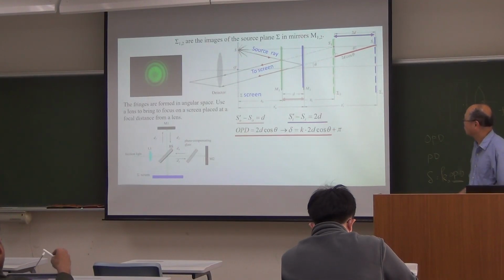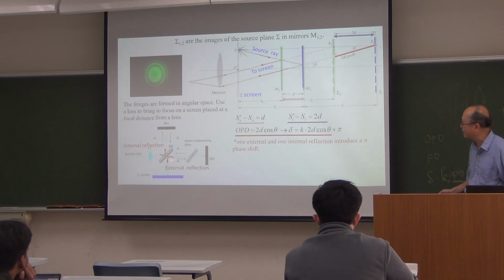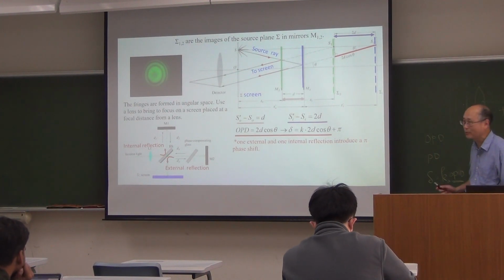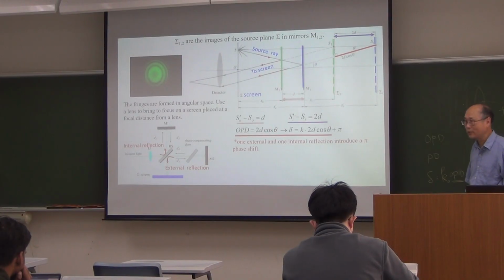All right. But then you have to add a pi phase shift here because you have an external reflection at this point for the light coming back from the M2. So you add a pi phase shift here. Now, once you have the optical phase shift, then you can start to count the fringes, right?